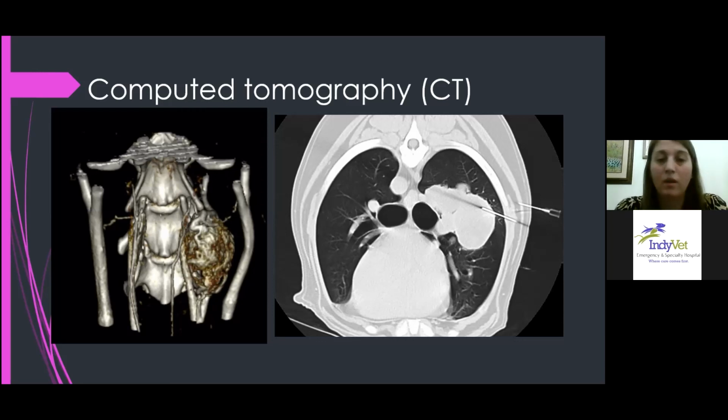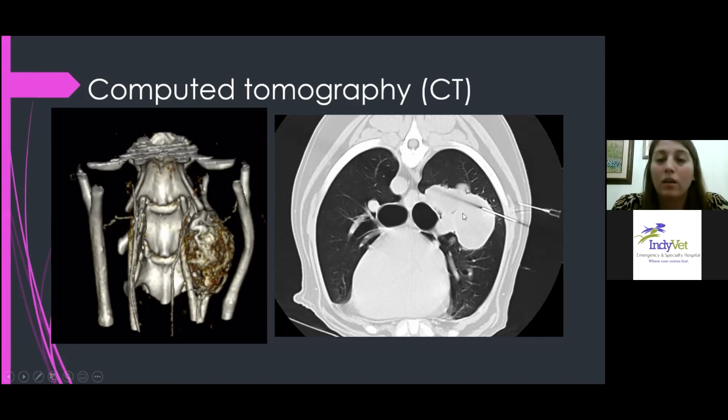CT also allows for 3D reconstruction for surgical planning. On the left here is a thyroid tumor with quite extensive vascularization that the surgeon would want to know before going in to cut this out.